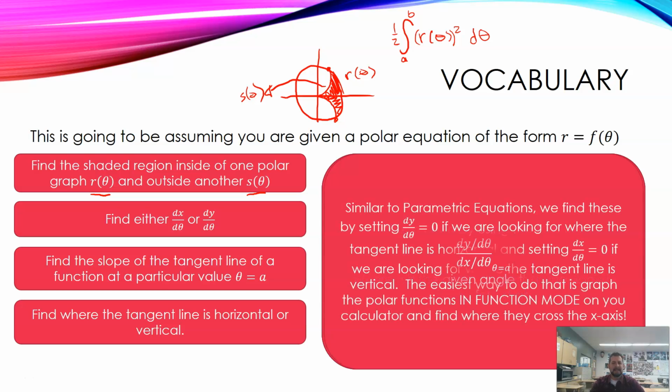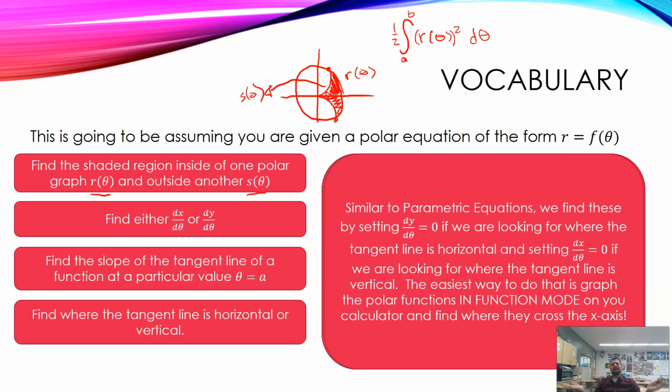Lastly, the last thing that they might ask you is, if you're going to draw a tangent line, where is it going to be horizontal or where is it going to be vertical? The way that we do that is very similar to finding the slope of the tangent line. If we're looking at horizontal, then we take dy d theta and set that equal to 0. An easy way to do that is to graph dy d theta on your calculator and find where it crosses the x-axis.